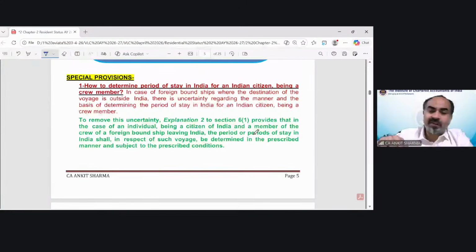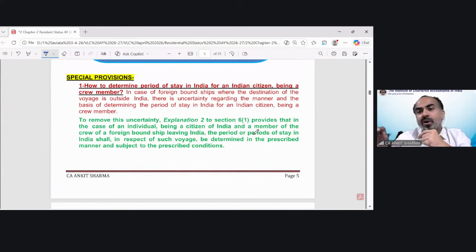And then suppose after 1 month the ship goes outside India actually, then after 3 months it comes back. So from the day he entered into that ship till the date the ship came back into India, and the day he's coming out of that ship, signing off certificate, we call it signing off certificate.